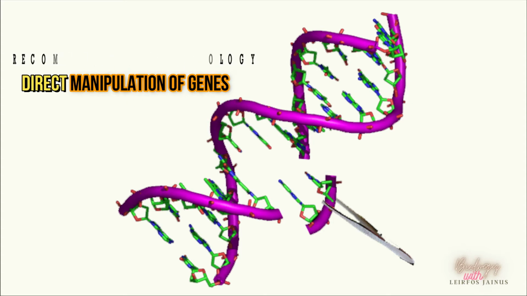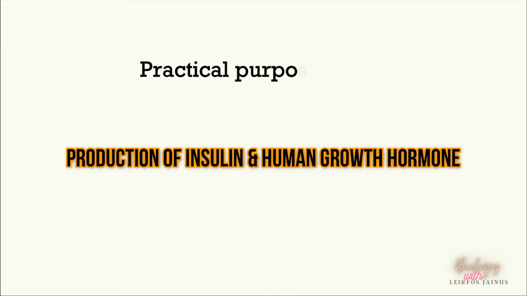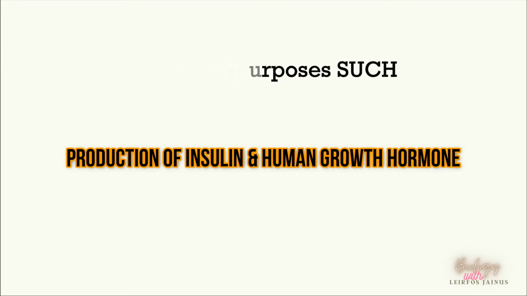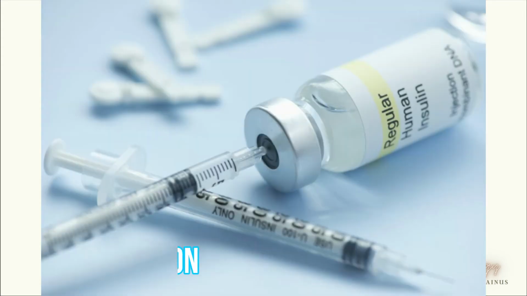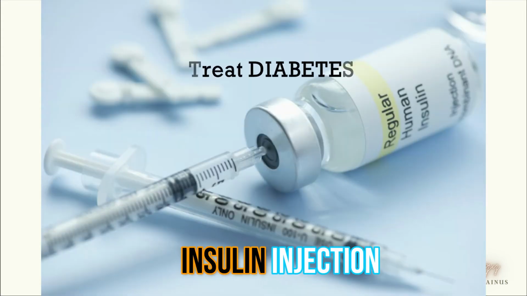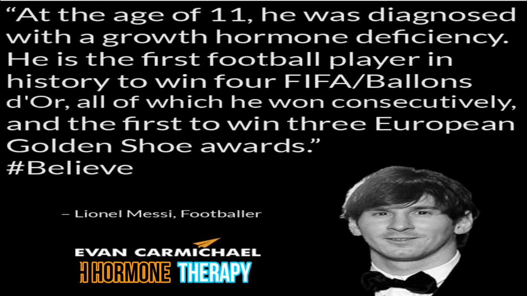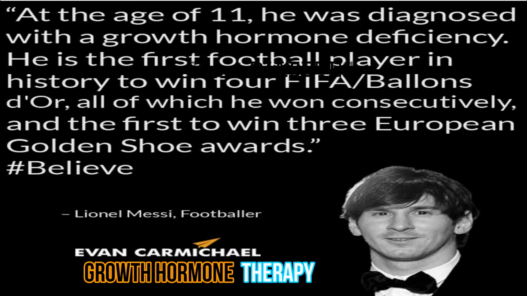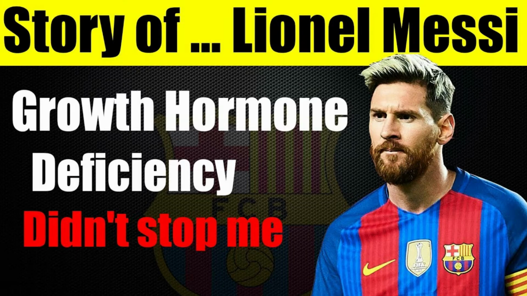We can cut, we can replace specific gene or part of the DNA so that the DNA or the gene is able to produce specific product that we want, such as insulin, growth hormone that will be useful in growth hormone therapy, such as to treat growth hormone deficiency in human.